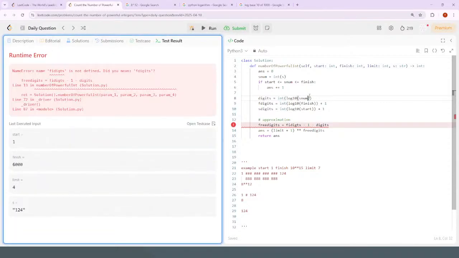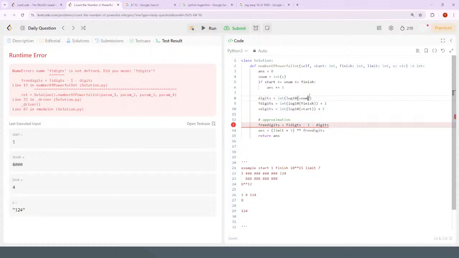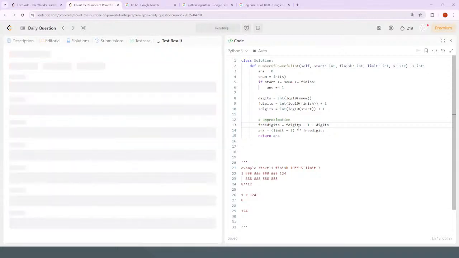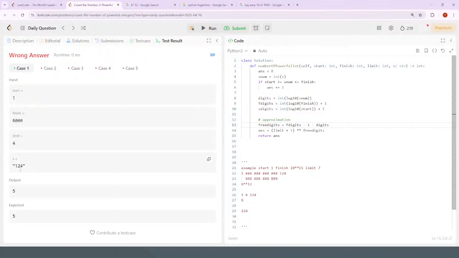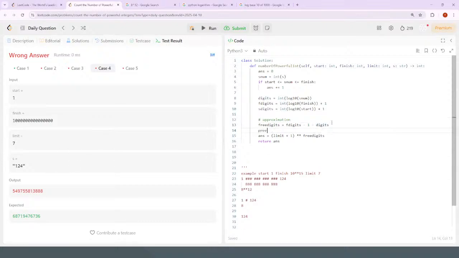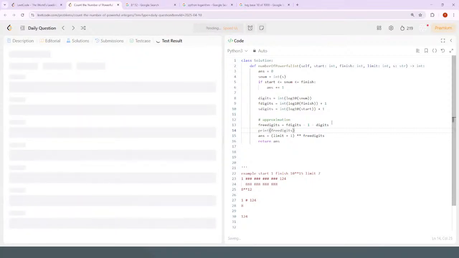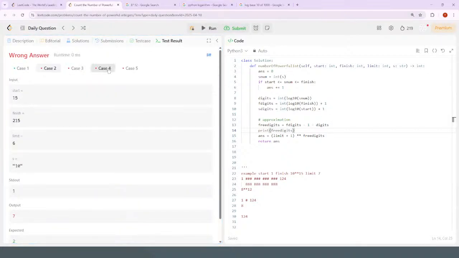Oh, I could have just converted these to strings and then did the length of the string. I wonder if that would have been just easier. F digits. Okay. So this one gave 5. Let me print out what the F digits is. I don't even know if any of this is going to get anywhere close to the answer.